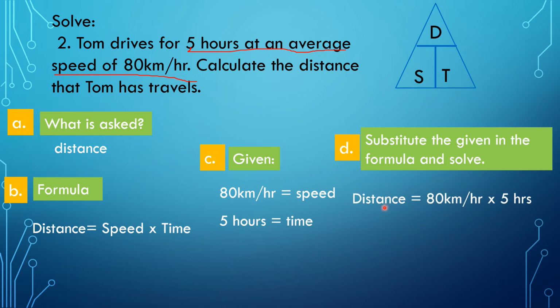Distance is equal to 80 kilometers per hour times 5 hours. Here, the hours and the hours will be cancelled because one is in the denominator. That is 80 kilometers over hour. And now, 80 times 5 is equal to 400 kilometers. That's the distance Tom has traveled.